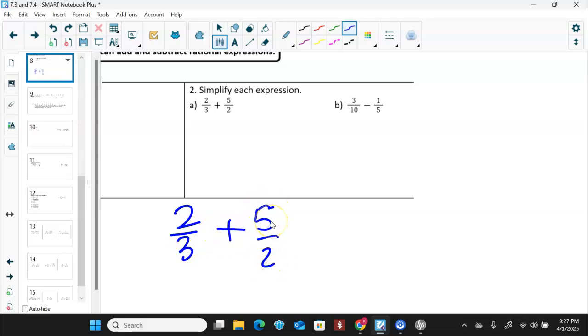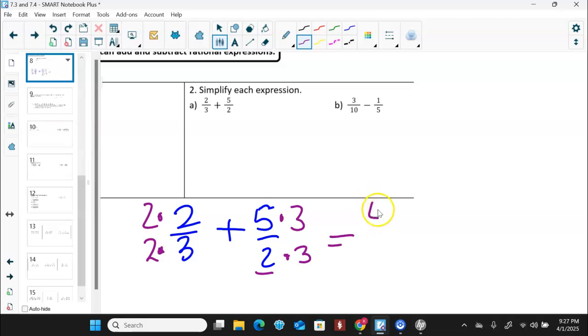To make them the same, you have to multiply them by each other. So the common denominator here will be 6. If you don't know that, simply, if you got a 3 and a 2, 3 is going to be multiplied by 2, top and bottom, and 2 is going to be multiplied by 3, so by each other.